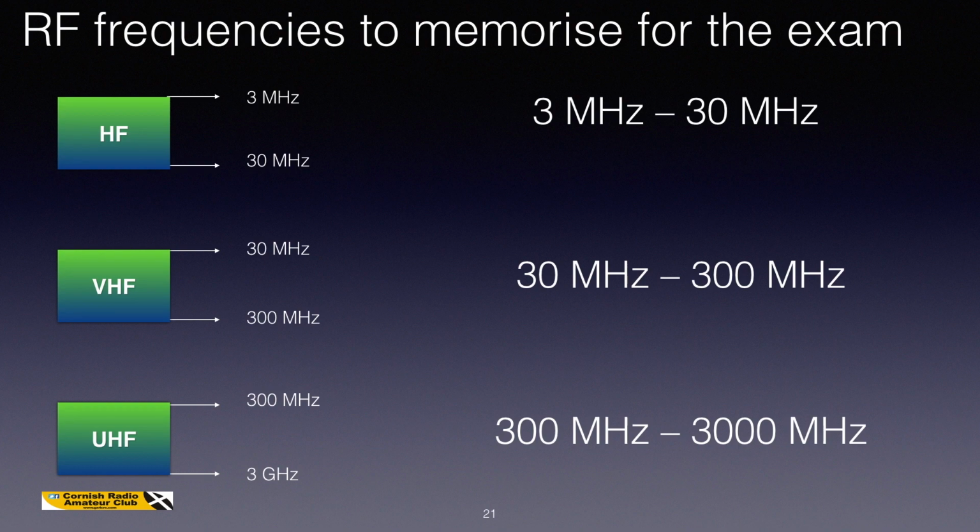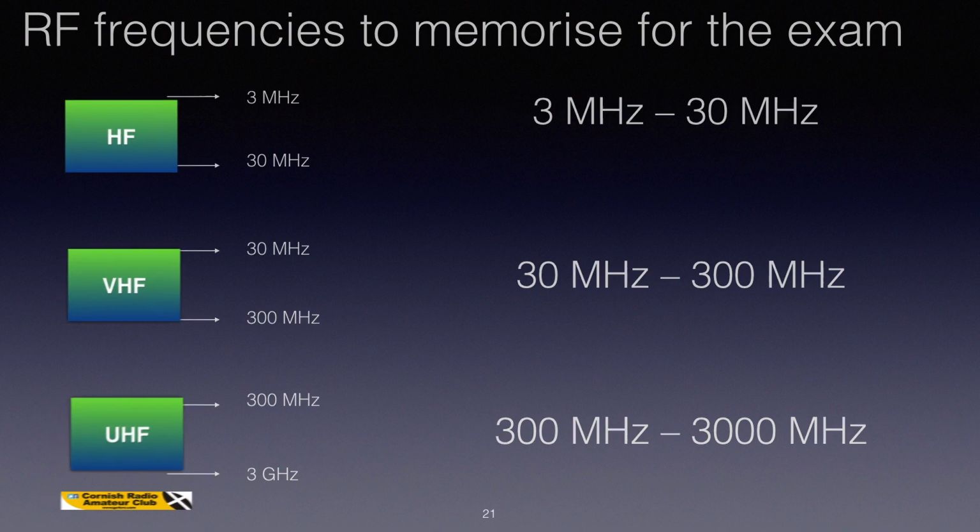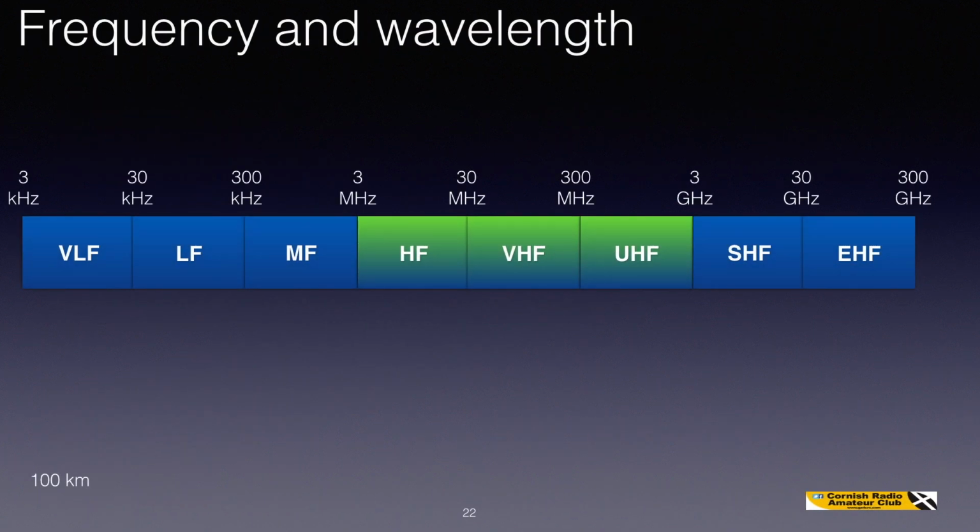So that's quite easy to remember. You do need to remember that 3 gigahertz is the same as 3000 megahertz. So I've shown it in both ways on the screen. So those are the 3 bands there.